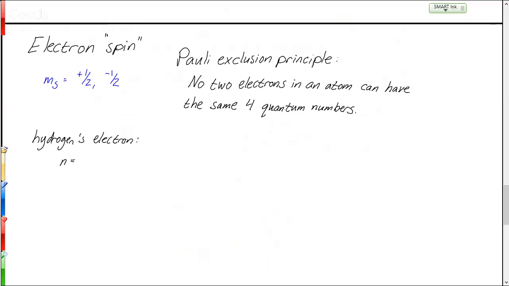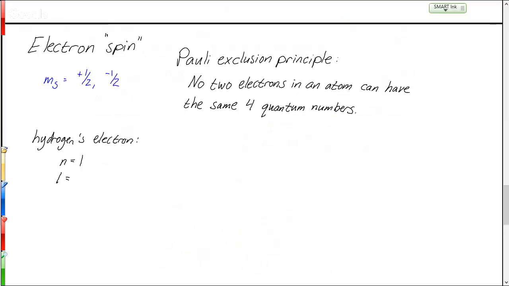That's N. I'll give you a hint. It's the lowest one possible. What's the lowest value N can have? 0? Close. 1. So N is 1.